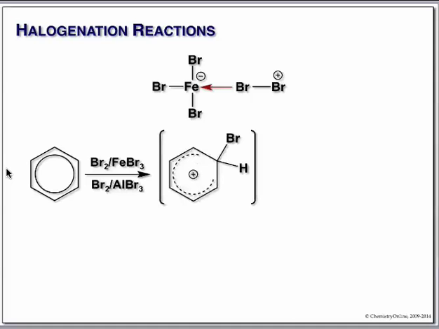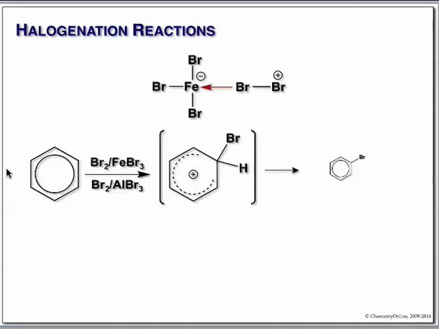That's an important multiple choice style question. The intermediate in electrophilic aromatic substitution is not aromatic. In order to regain the aromaticity, we have to lose the hydrogen on this carbon bearing the electrophile.